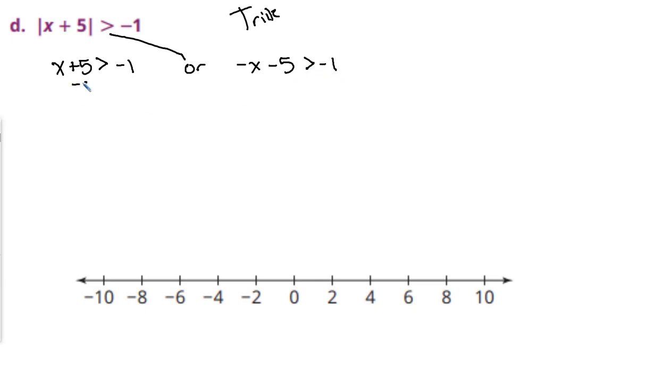And we solve it. Minus 5 is negative 6. And we add the 5, negative x is greater than positive 4. Divide both sides by negative 1, which causes that to change.